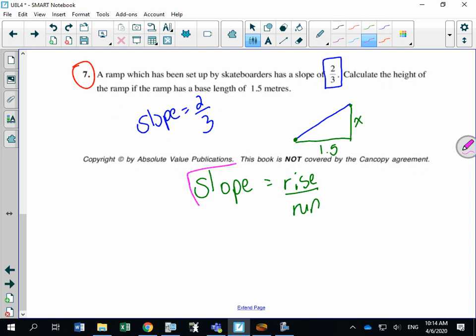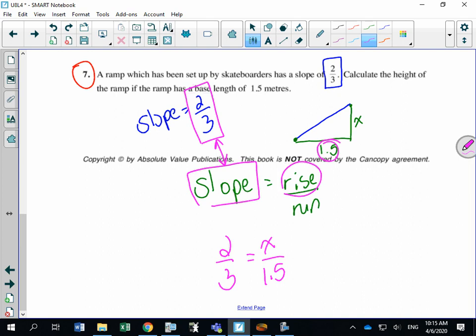They told me that the slope is 2/3. The rise of this would be x, right? This would be the run, and this would be the rise. So it would be the rise, which is x, over the run, which is 1.5.